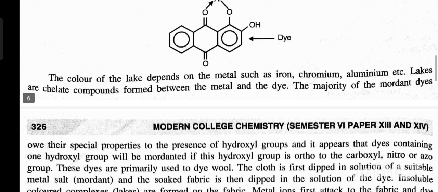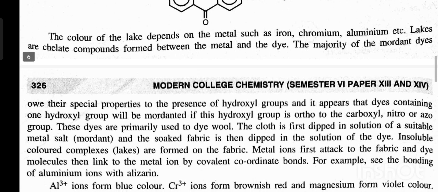The majority of the mordant dyes owe their special property to the presence of hydroxyl groups, and it appears that dyes containing one hydroxyl group will be more dominant mordants if their hydroxyl group is ortho to a carbonyl, nitro or azo group.